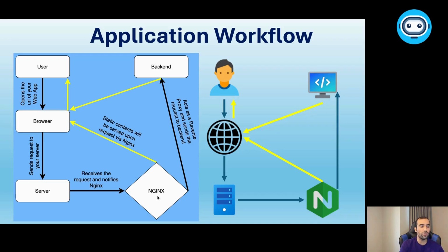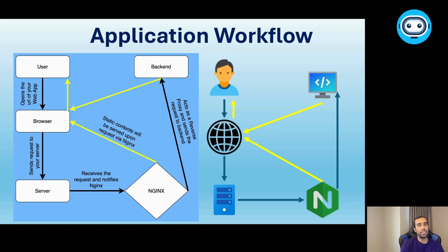In order to do so, we need a web server like Nginx to be running on our server. This web server is responsible to receive the request and handle it properly. The Nginx or web server has two options once it receives a request.